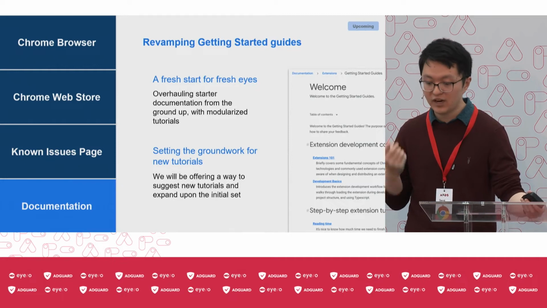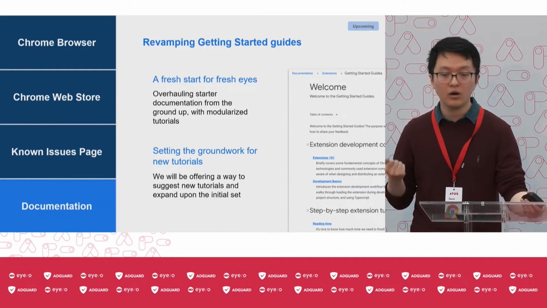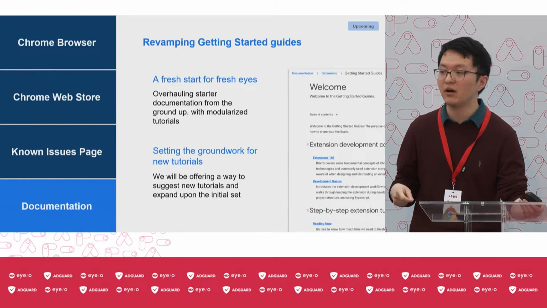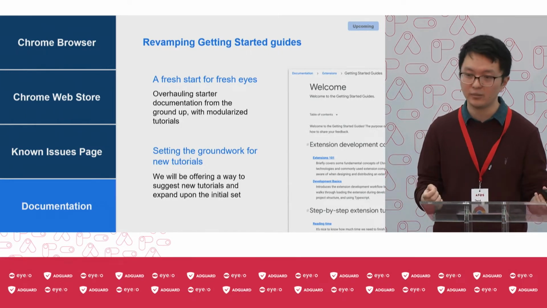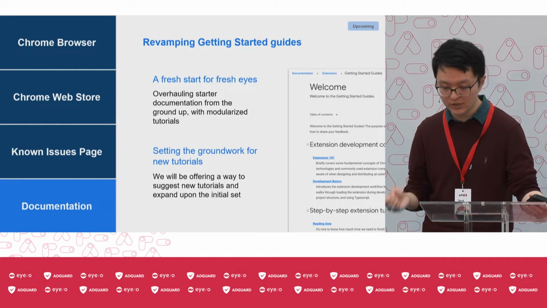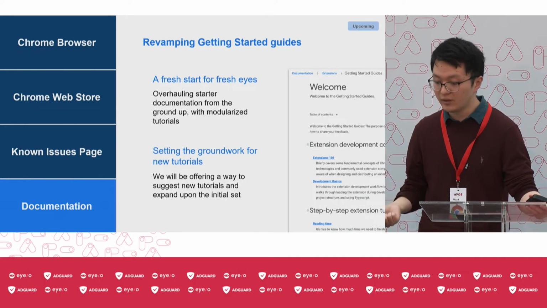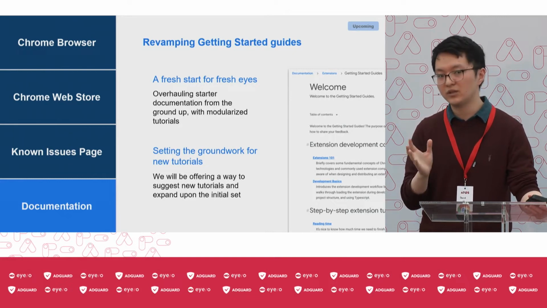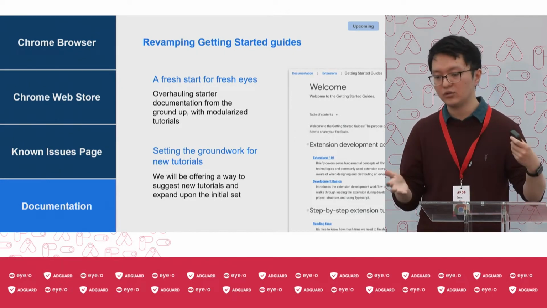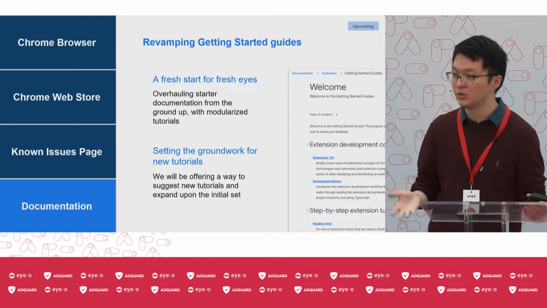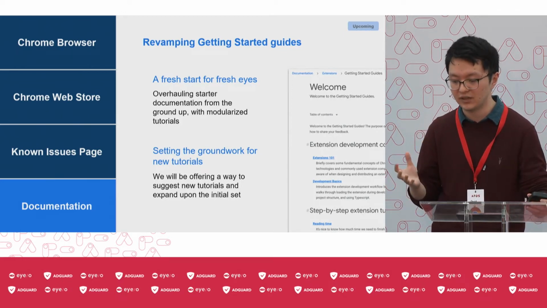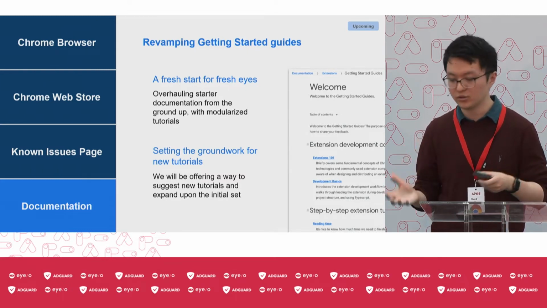And finally, for documentation. This is coming up soon, but we are revamping our Getting Started documentation for new developers. That's slightly less relevant for the folks here, but basically the current tutorial is a lengthy tutorial about accomplishing a particular use case over several pages, several iterations of an extension, and we're going in a more modular direction.